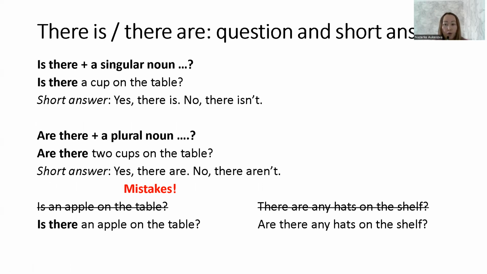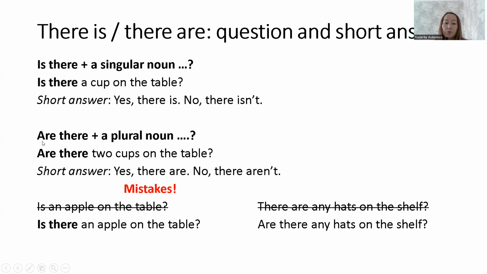But in question form, in the first place we have to use is or are, and then there. Like this: is there plus a singular noun and a question mark. Is there a cup on the table? So how do we answer? Of course, with a short answer. Yes, there is. Or no, there isn't. Because we ask in singular form, we have to answer in singular form again.